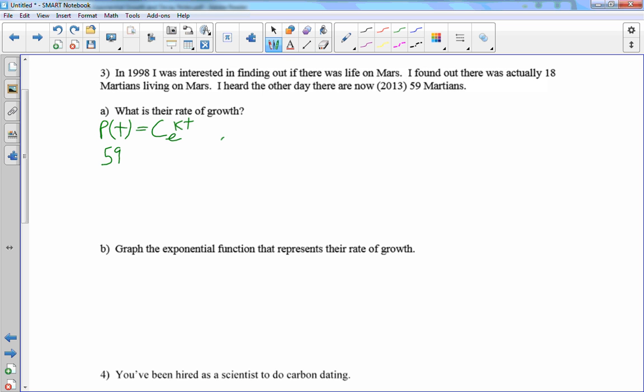After so many years, right, after time. I would go round until the very end, because otherwise we're going to get rounding error.